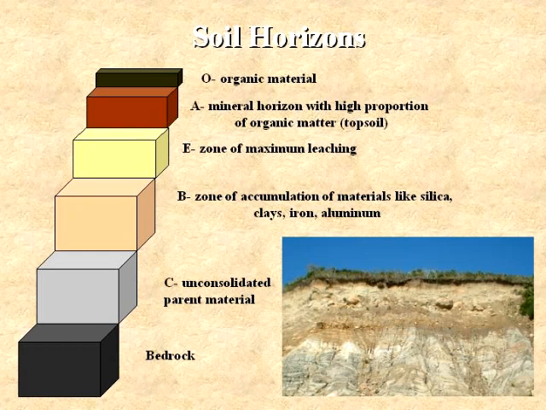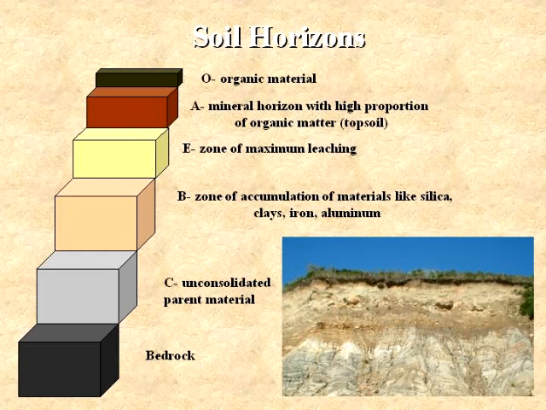Another layer, called the E layer, can be found in areas where soil undergoes a lot of leaching, so that various sorts of substances in the soil get leached out of it into the next layer, which is the B layer. And that is the zone of accumulation of some of those materials like silica and clay and iron and aluminum.